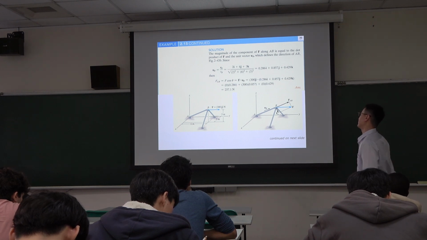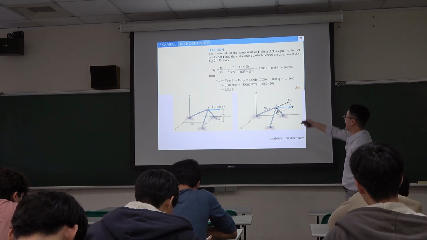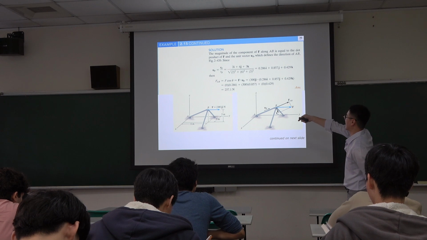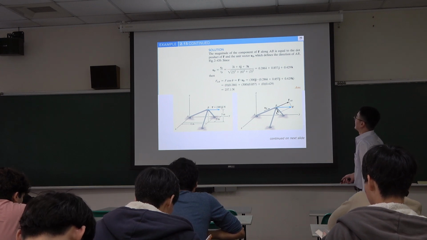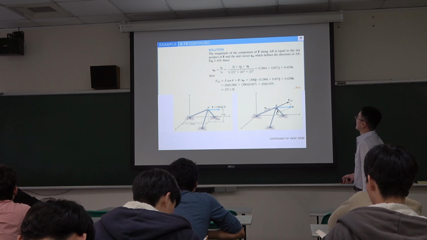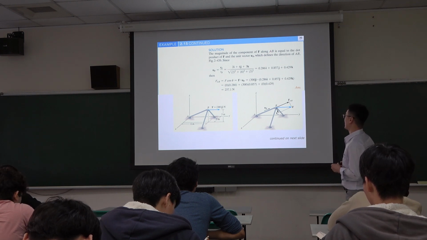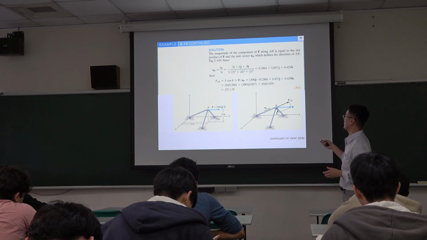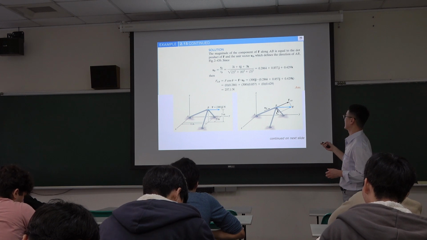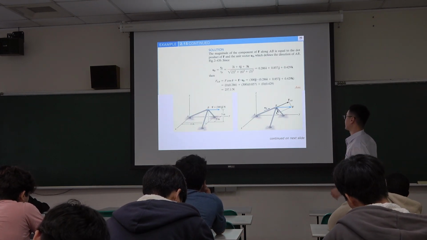300 times 0.857 gives us the force along AB, by dot product and projection. So it should be parallel, and we check: yes, parallel.